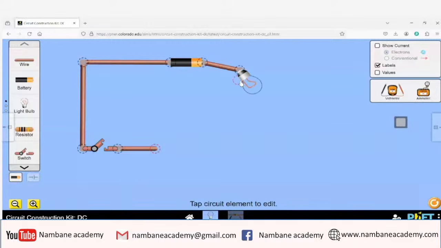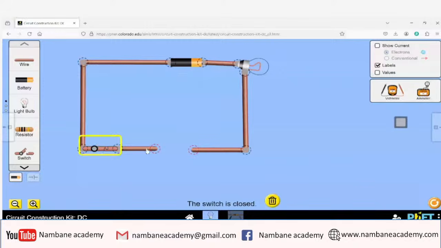I've seen a past paper before where they put X here, and then they ask, what is the purpose of X? That is where I'm going to put in the different materials to check whether they are conducting electricity or not. So let's test if our circuit actually works. Yes, it does work. And then we can break it apart there.